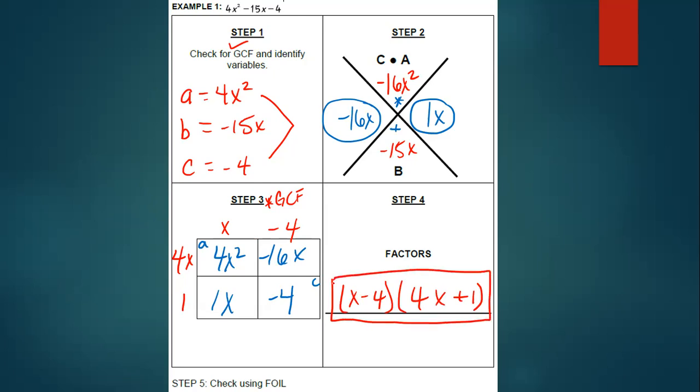It does not matter which binomial you write first. They both have x and 4x. We factor them. We always distribute the x on both of the brackets and then put the number next to it.